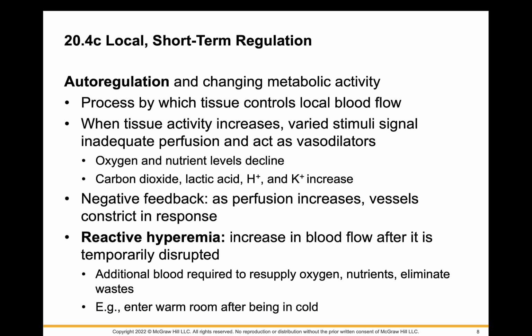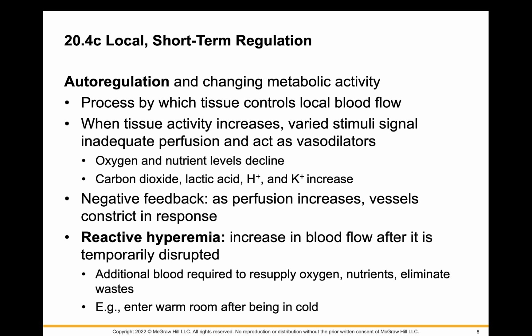Now, one thing we have to keep in mind here is negative feedback. As perfusion increases, vessels will eventually constrict in response. One example is reactive hyperemia. This is basically an increase in blood flow after it is temporarily disrupted. Here, additional blood flow is required to resupply an area that was not getting the blood that was necessary.